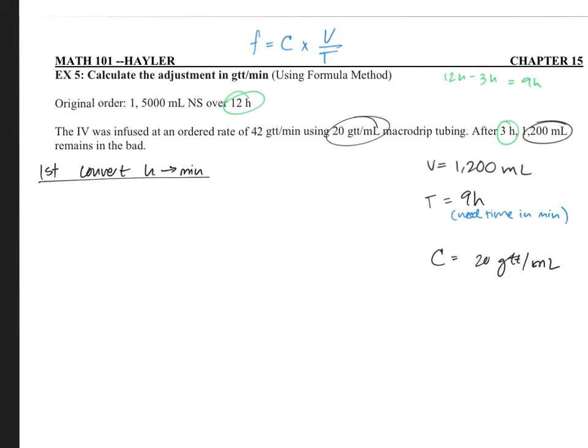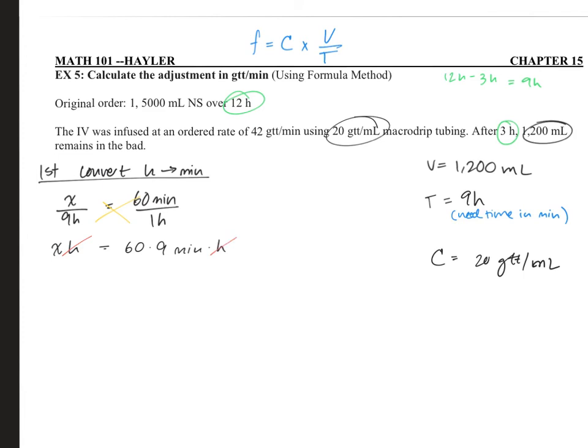Alright, so the first step we're going to do is convert from hours to minutes for this problem. So we have 9 hours. We don't know how many minutes. Going to go ahead and use the conversion factor of 60 minutes in 1 hour. We can cross multiply to solve, or you could do this in your head. So 60 times 9, and the hour units cancel.